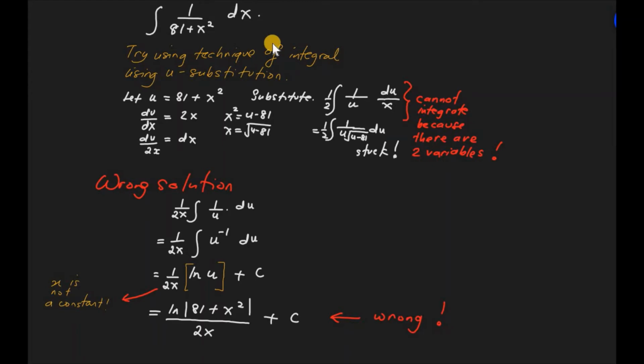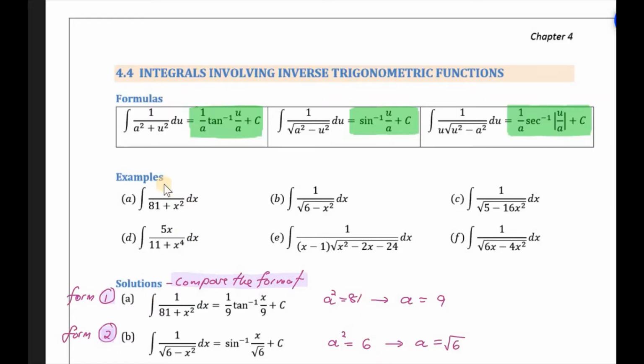So in that case, coming back to the question, how do we integrate this form of function? Let's learn another technique of integration. How do we integrate 1 over 81 plus x squared?